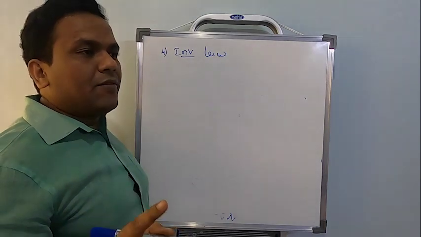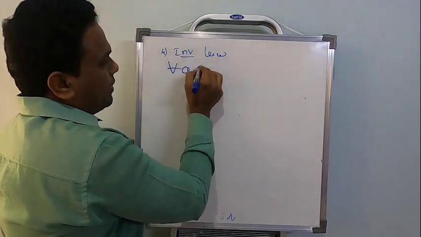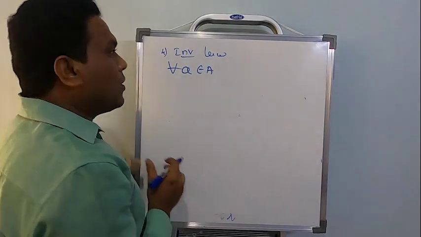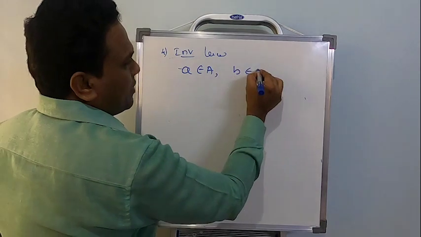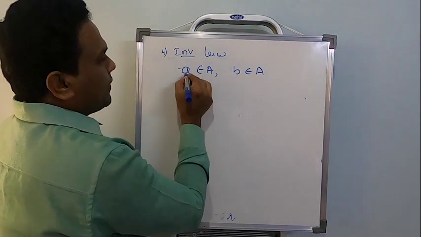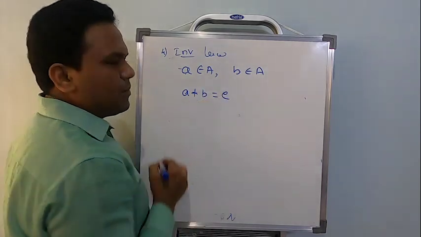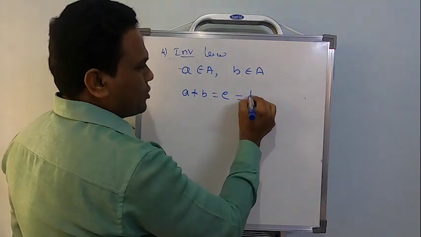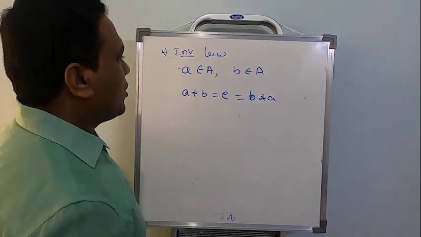Inverse law is defined for each element separately. So you should not say for every element belonging to A. No. For an element A belonging to A, if there exists an element B belonging to A, and when I operate these two, A star B, the resultant element should be identity, and this should be equal to B star A. Got it? Fine.